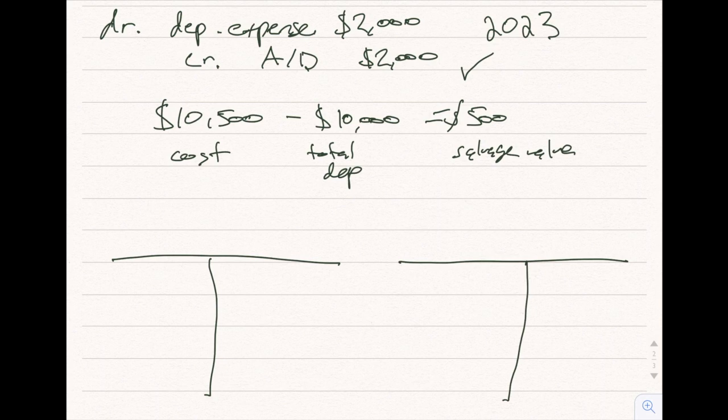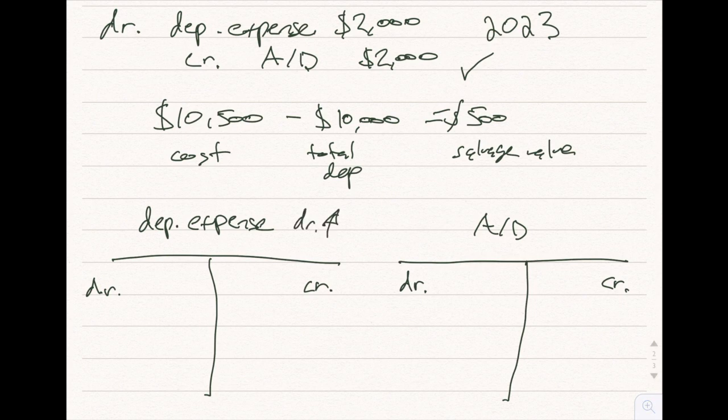So the T accounts here that are relevant are depreciation expense and accumulated depreciation. If you've seen my first video, I've talked about this. Debits always go on the left, credits on the right. And then as I've said, depreciation expense is an expense, so you debit it to increase it, credit it to decrease it.